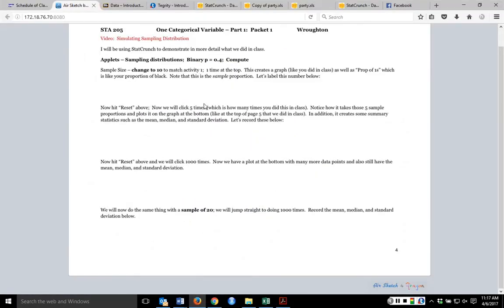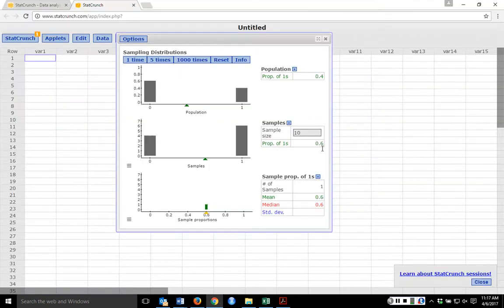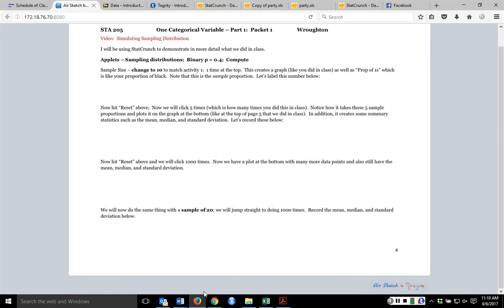That's our p-hat, and our p-hat for what we just did turned out to be 0.6. Black corresponded to a 1 here. This is a little reminder. Now we're going to hit the reset button.